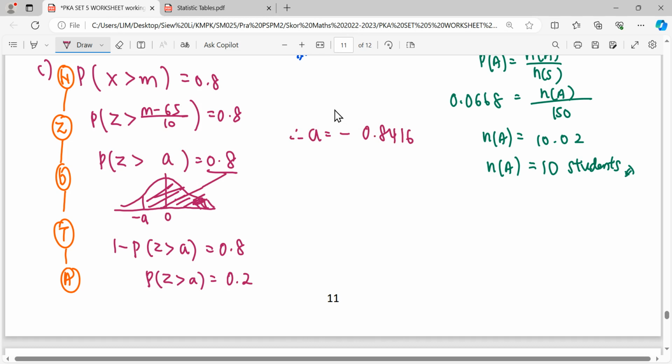So after we get the A, what we need to do is substitute back. Just now A, I represent it as M minus 65 over 10. Then we simplify. What is your mark?